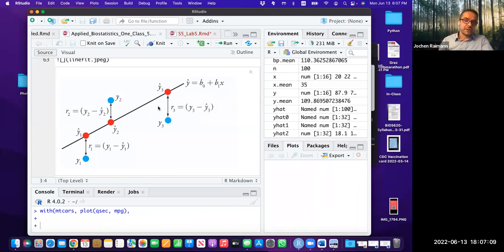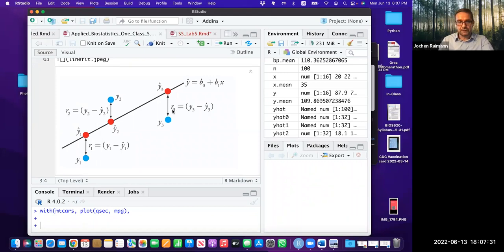Now you have residuals between your observed and your predicted points. These residuals are your observed Y minus your Y-hat, your predicted one. These residuals you mean to minimize, as the least squares approach does.